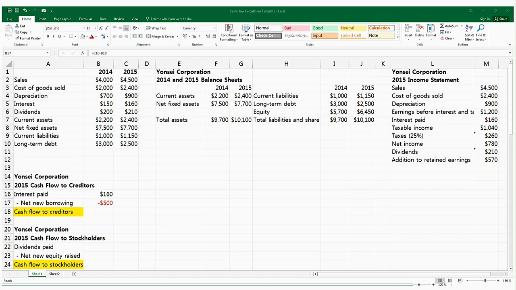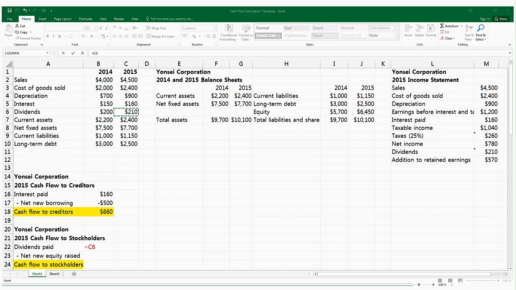That is, Yonsei Corporation paid off $500 of long-term debt, so its long-term debt has been reduced by $500. So cash flow to creditors are sum of interest paid and long-term debt paid. But long-term debt paid is negative net new borrowing. So cash flow to creditors is interest paid minus net new borrowing. And it is $660.